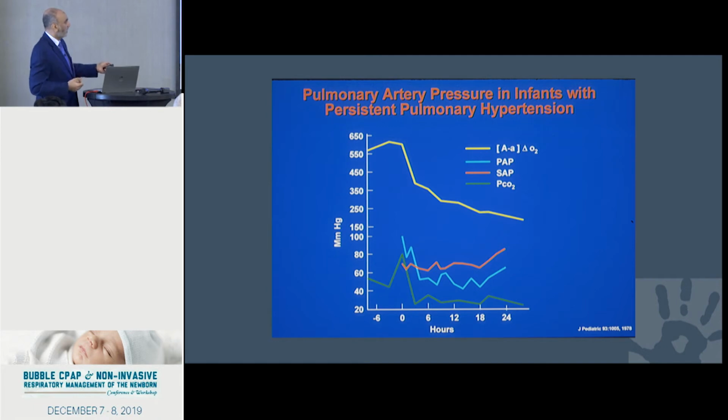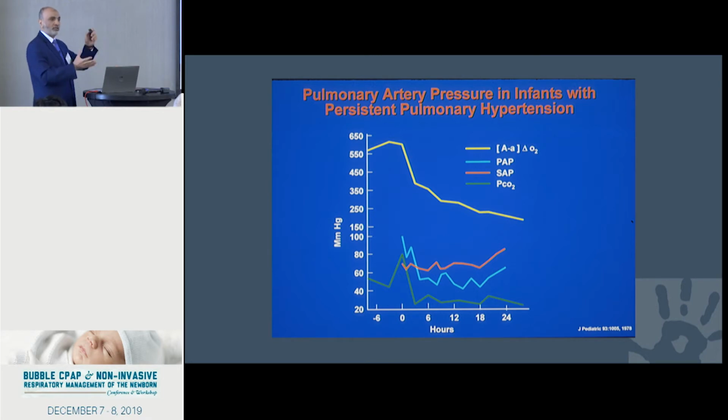So you found here the PCO2. When the PCO2 with aggressive ventilation came down to a critical point, and I define that critical point as around PCO2 of 25, the pulmonary artery pressure, that is the blue pulmonary artery pressure, dropped down below the systemic blood pressure.